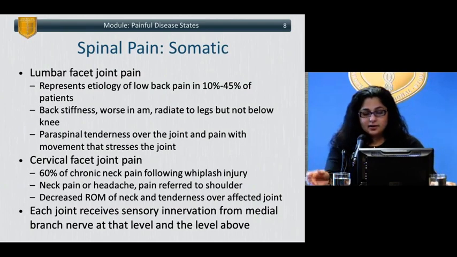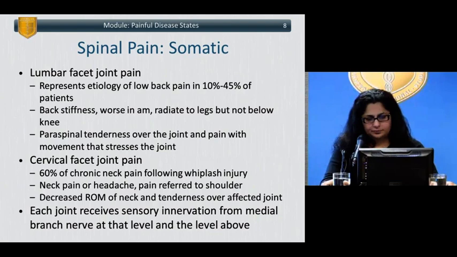We'll talk a little bit about lumbar facet joint pain. Again, it can occur most commonly in the lower back, or the lumbar facets, or in the cervical area, cervical facet joint pain. With lumbar facet joint pain, as we mentioned earlier, it can be an etiology of low back pain.